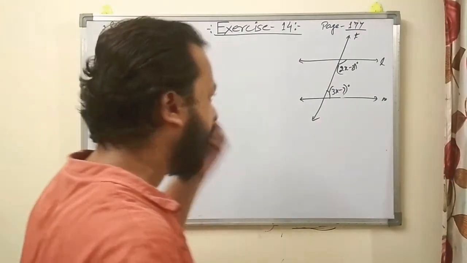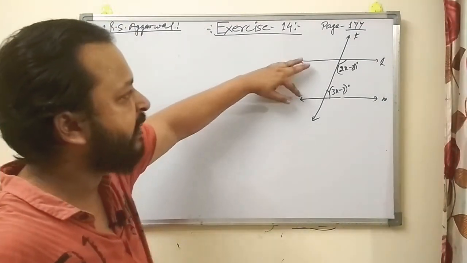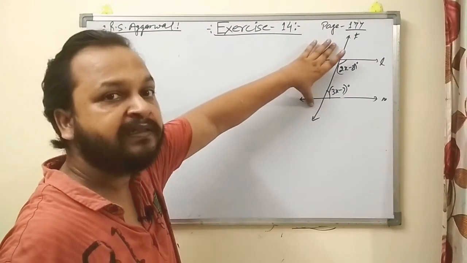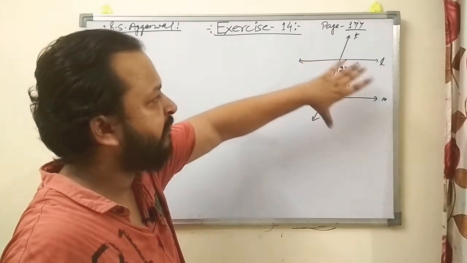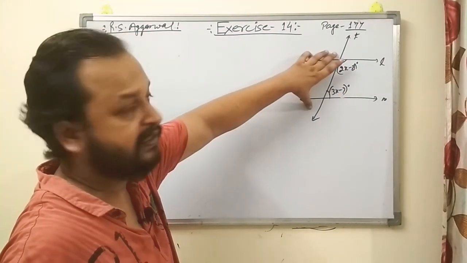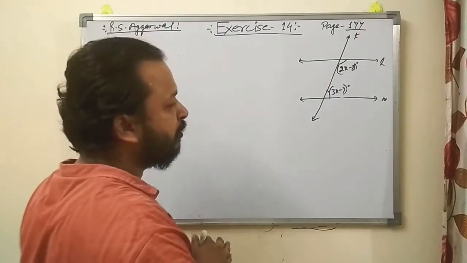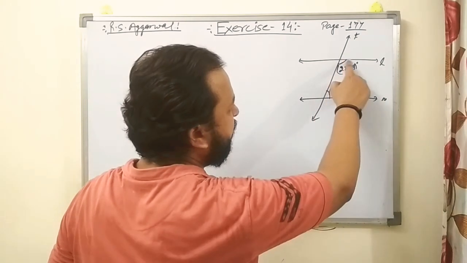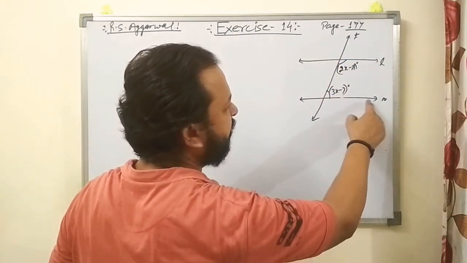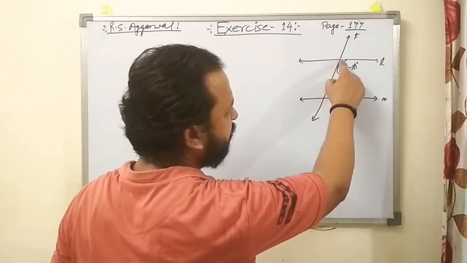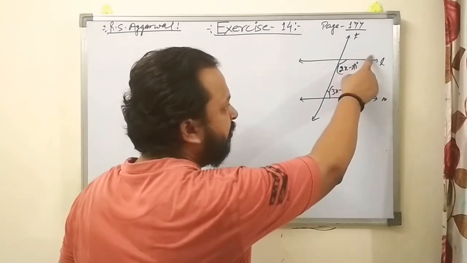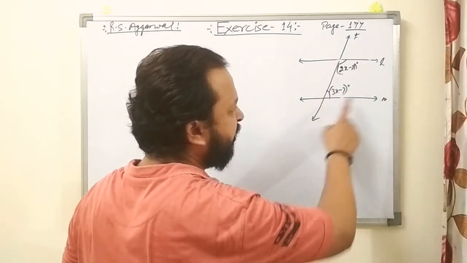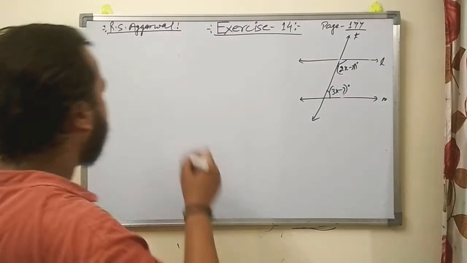So you have to find out the measurement of these angles, right? So you know that if there are two parallel lines and one transversal line cuts these two lines at different points, right, they intersect at different points. So this part, they are making consecutive angles, right? Either this part you can say or this part. So they are making consecutive angles.